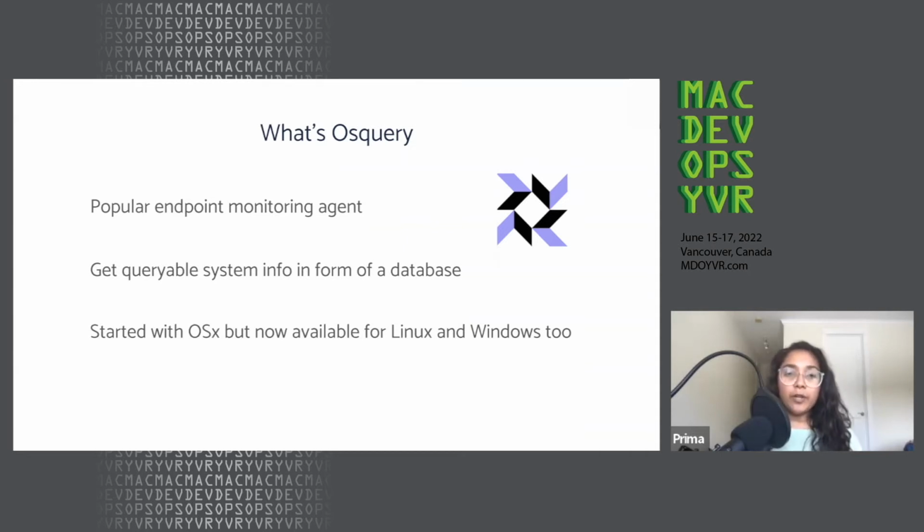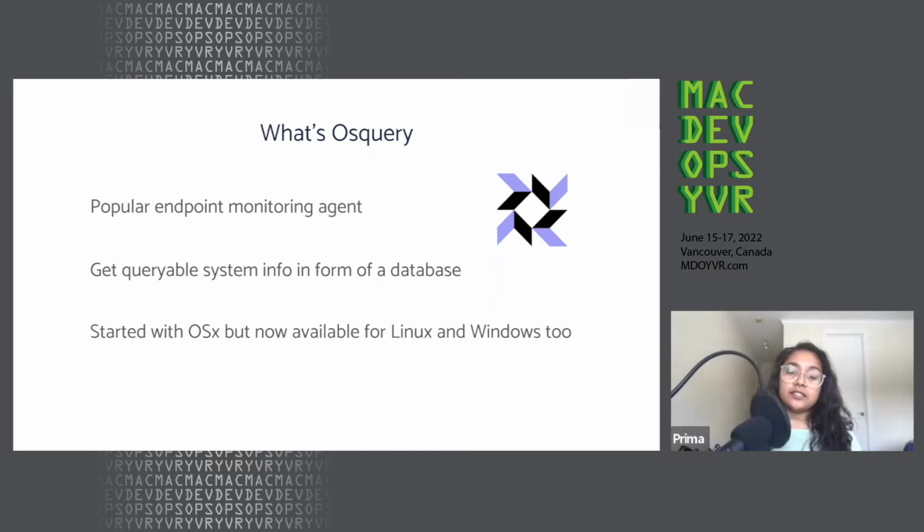So it's a popular endpoint monitoring agent, as I mentioned earlier, and it gets queryable system information in the form of a database. It captures a lot of the system information in an SQLite database that is then queryable like a regular database with your regular ands and ors and nots and select operators. And it started with OSX.